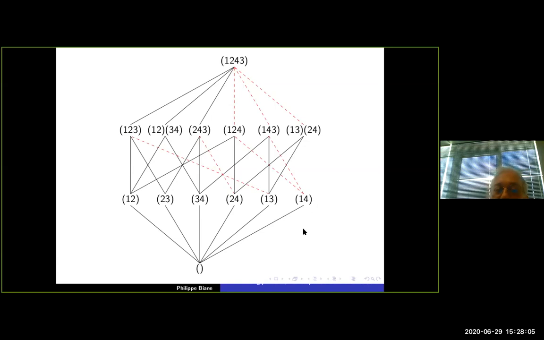And actually you can see that by using the Kreweras involution, this Boolean lattice here is mapped to some other one. I don't remember exactly which one. I think it is this one here. Probably it is this one. I'm not completely sure. Oh, okay. I don't remember. Sorry.